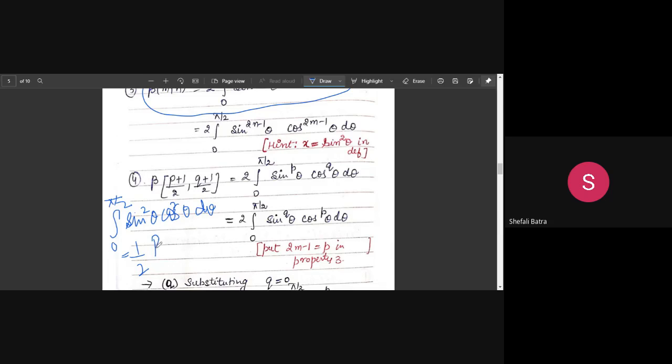And beta of (p plus 1) by 2. What is p? That is 2. 2 plus 1 divided by 2. And what is q? q is again 2. So 2 plus 1 divided by 2. Right? This was the integral. You will convert this integral into beta function, and then we will convert beta into gamma, and then we can evaluate this integral, right?